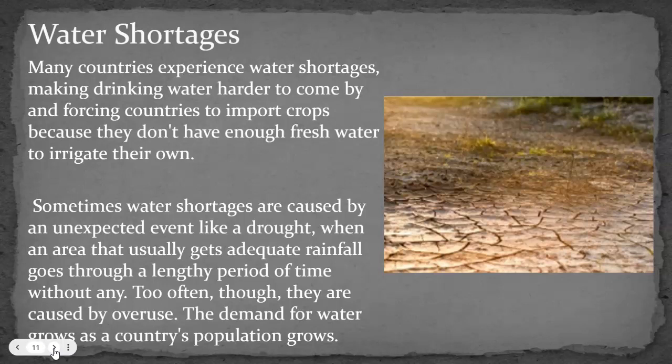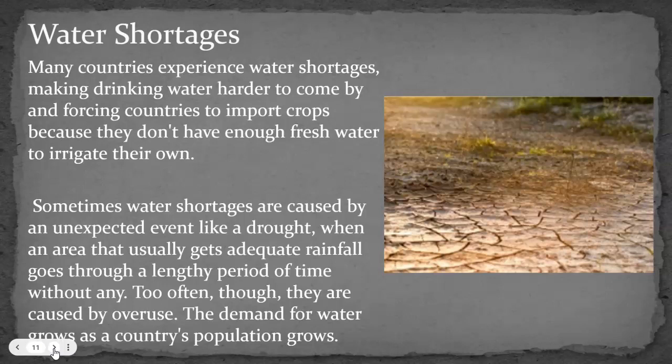Too often, though, water shortages happen because of overuse. This is something that we will all have to watch and be wary of in the future because the demand for water is growing, especially as our population grows.